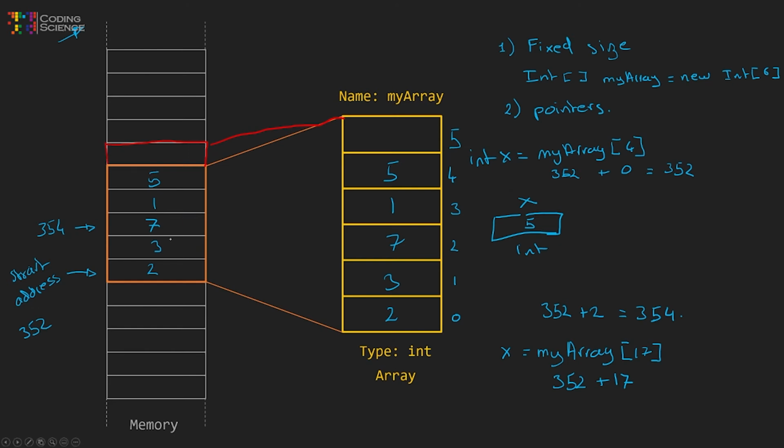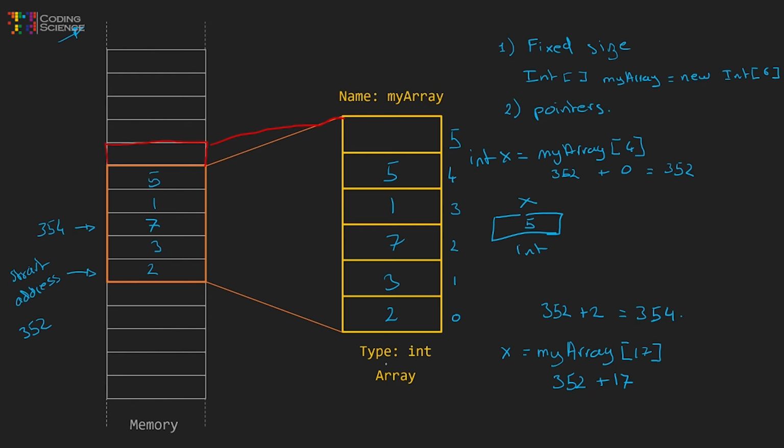Those areas are used in your computer. They can be used in your program for something else, or by something completely different, like another program running on your computer. So you would get a value that is completely wrong.